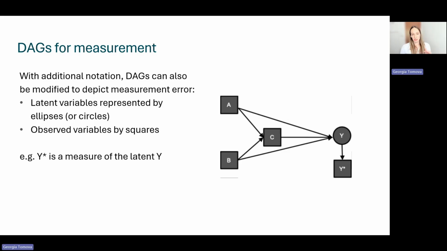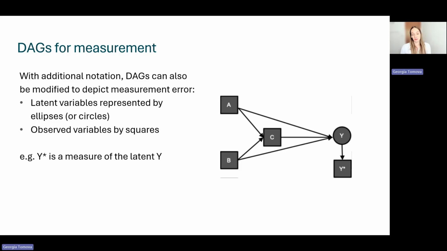With some additional notation borrowed from other types of graphs, we can also use DAGs to depict measurement error, which will be very relevant for mode effects. So we do this by depicting the latent version of a variable, which is the underlying true version that is unobservable directly, using circles or ellipses.